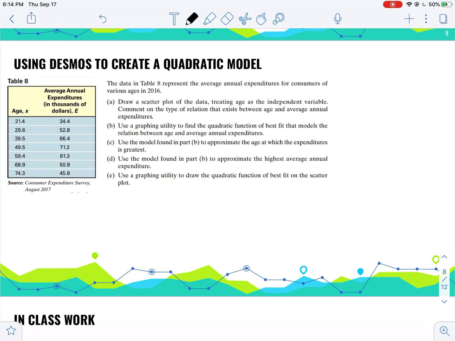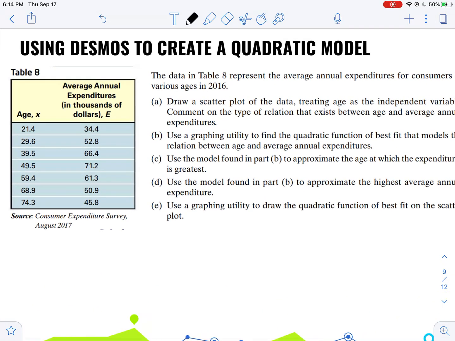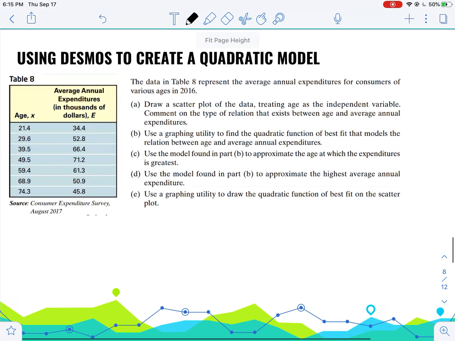So now we're going to use Desmos to solve some quadratic model problems. The data in Table 8 represents the average annual expenditures for consumers of various ages in the year 2016. Notice you have ages between 21.4 and 74.3, and how much they spend on average, in thousands of dollars.